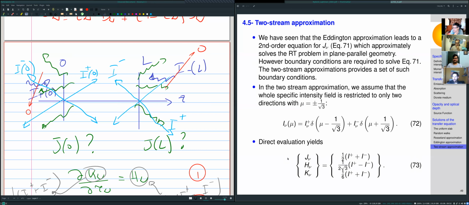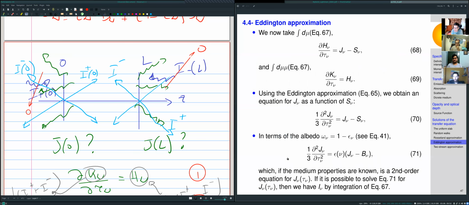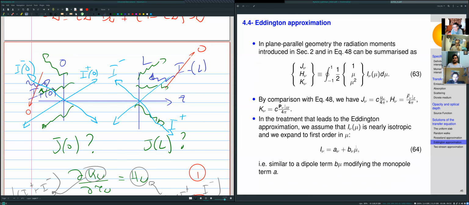You could go higher. In this expansion, you could include a full spherical harmonics expansion. You must remember from your lectures in quantum mechanics and electrodynamics that we often use multipole expansions to solve differential equations, right?